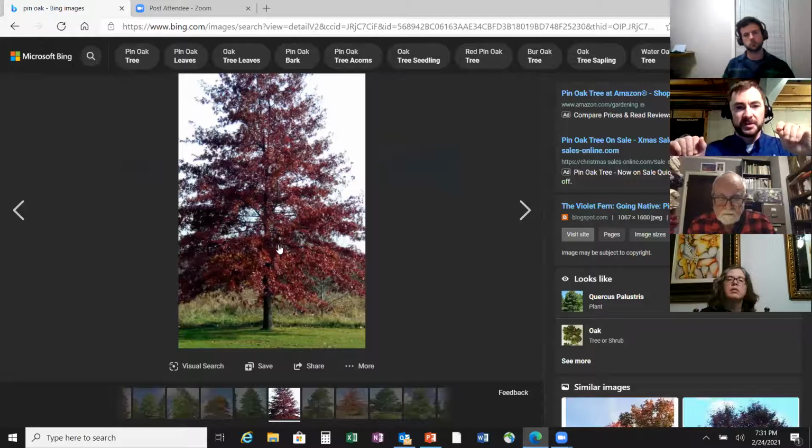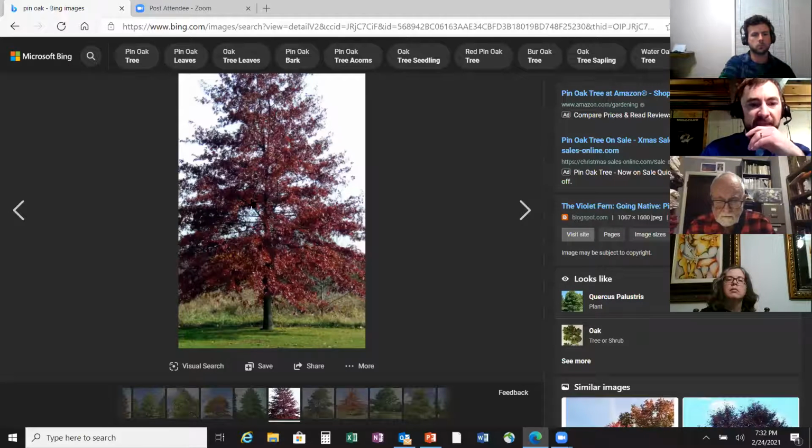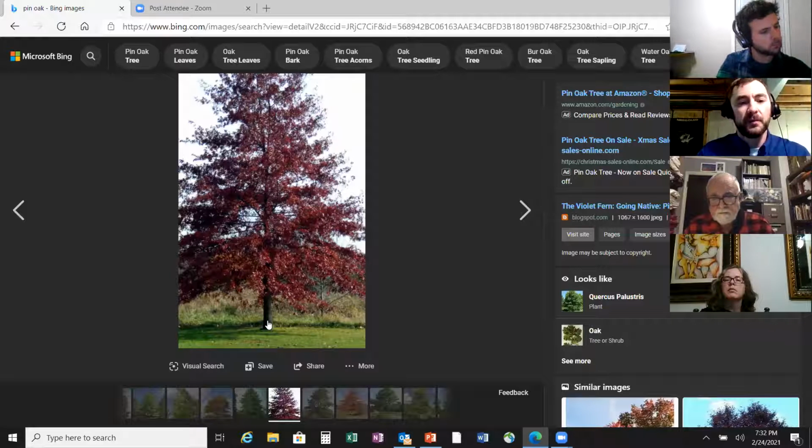As you talked about in tree biology, they're trying to get up and become that central leader and exude apical dominance. But just the natural way that pin oak grows, it just droops down towards the ground. And then, while I can't necessarily zoom in on this too much, if you're standing next to that trunk looking up into the canopy, it will be, for lack of a better word, very messy.